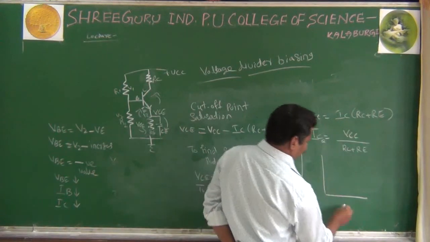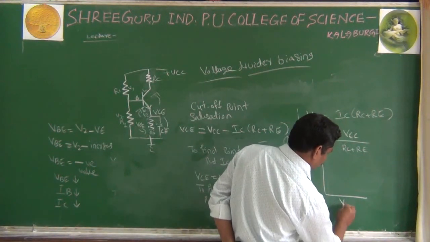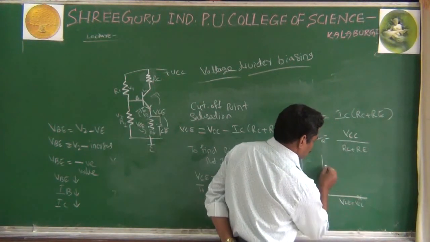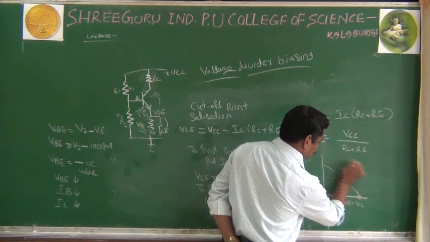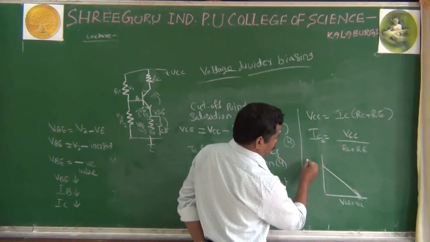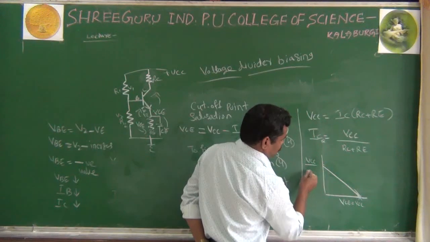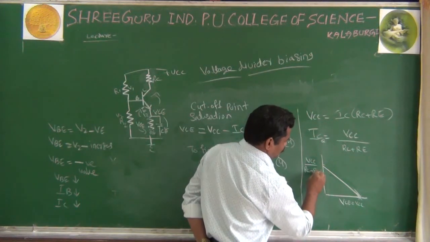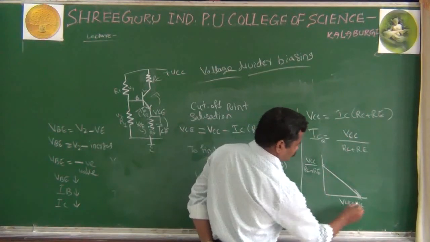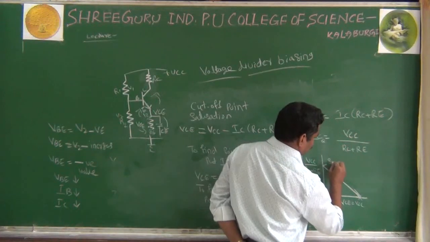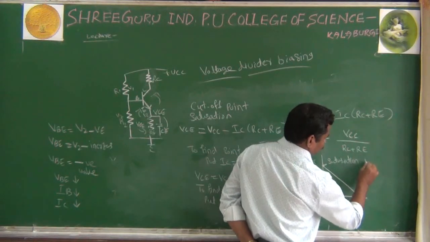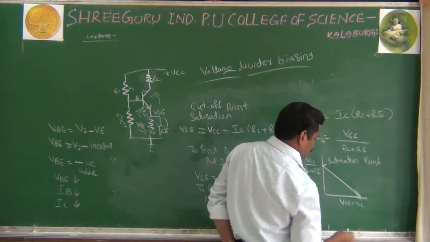Here VCE equal to VCC is the cutoff point, and here we have VCC by (RC plus RE), which is your saturation point.